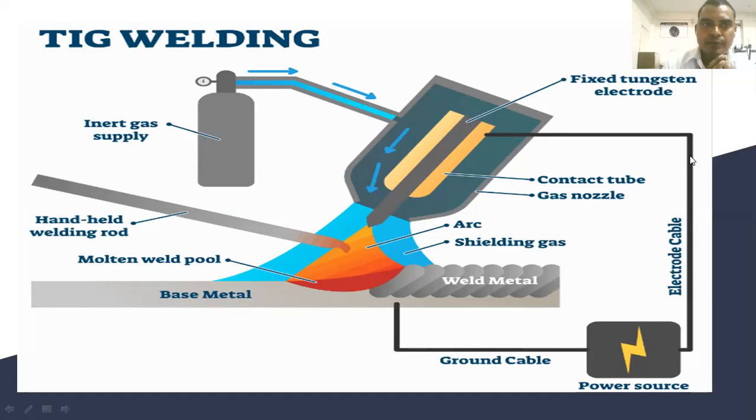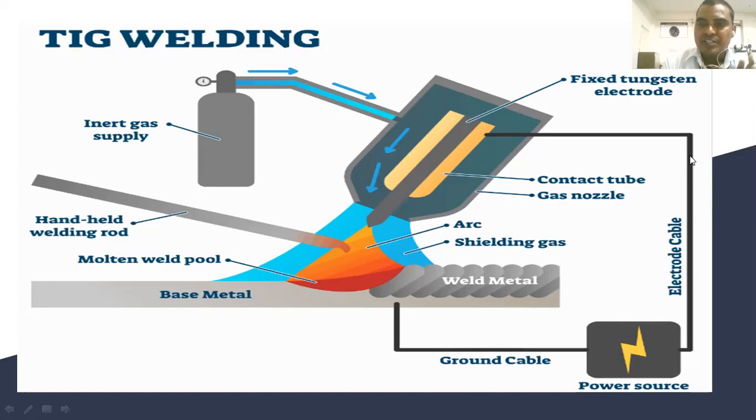When we discuss the gas, we are using inert gas. In inert gas, we are using helium, neon, argon, CO2, etc. You must have knowledge about inert gas because these gases are very important in TIG welding as well as MIG welding.